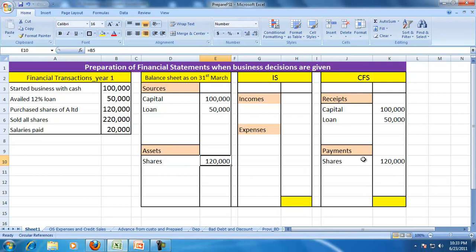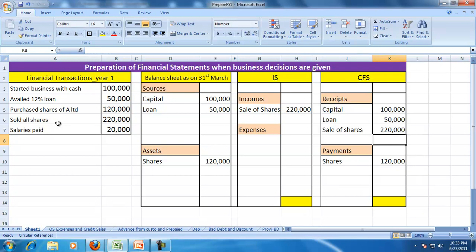And you sold all the shares, so it's an income. Sale of shares is 220,000, and if it is for cash, assuming that's for cash, then the sale of shares, there will be a cash inflow of 220,000.